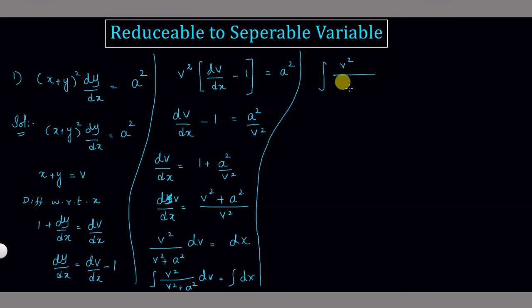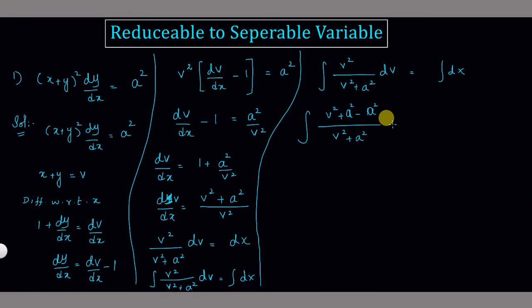For instance, since this is an improper fraction, there are two methods. One method is you have to divide and then find the final answer, and the second method, if you want to avoid the division method, is to just replace +1 -1 over here, or instead of 1 you can use a square.